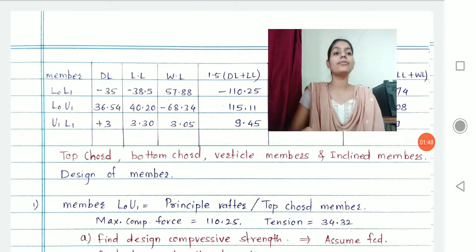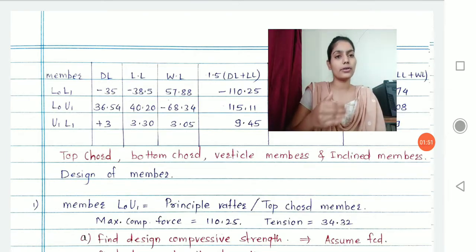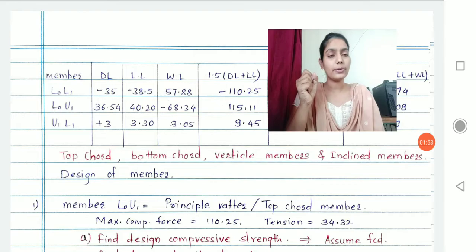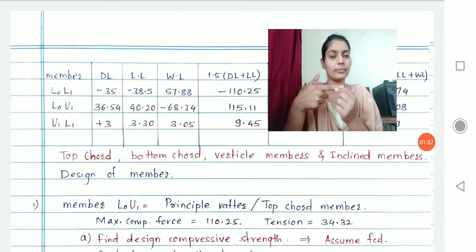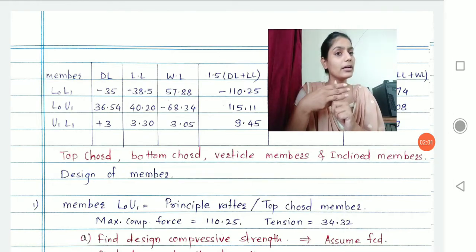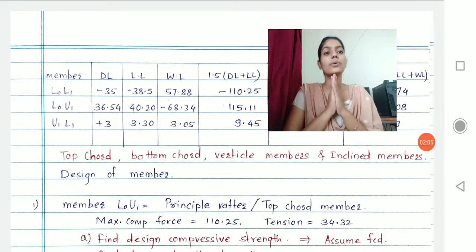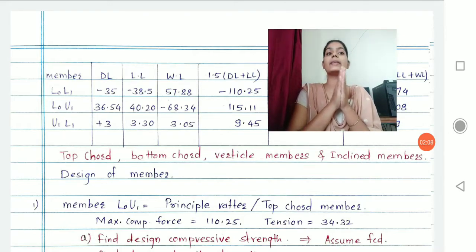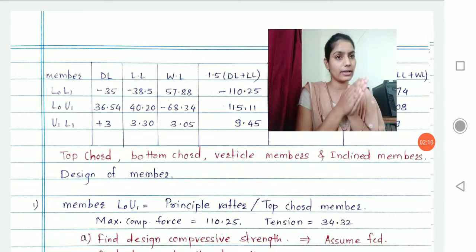Okay, then the second thing is how do you design the member. Members are further classified into 4 categories. Why 4 categories? Because the member can be a top chord member or a bottom chord member. It can be placed vertically or in an inclined direction, right? On the basis of nature of force, we have divided members into 2 types.